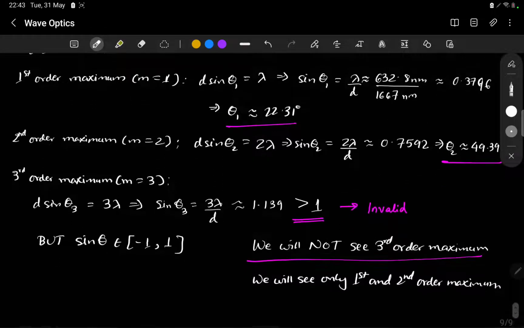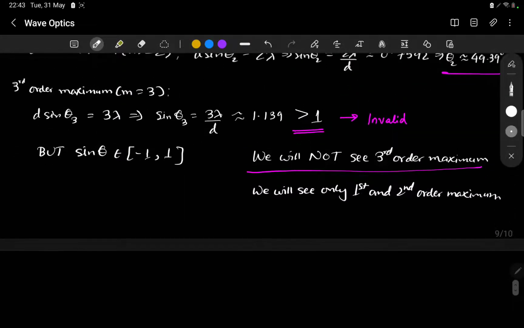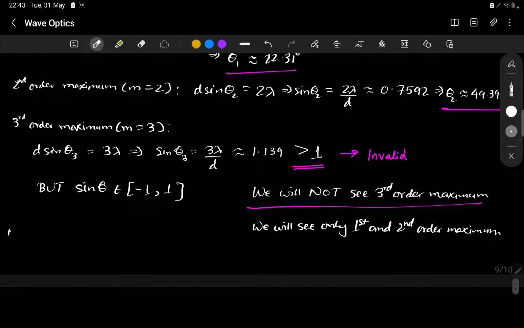So if we write the condition for maxima, we have d sine theta equal to m lambda, but sine theta is upper bounded by 1, so this needs to be less than or equal to 1.